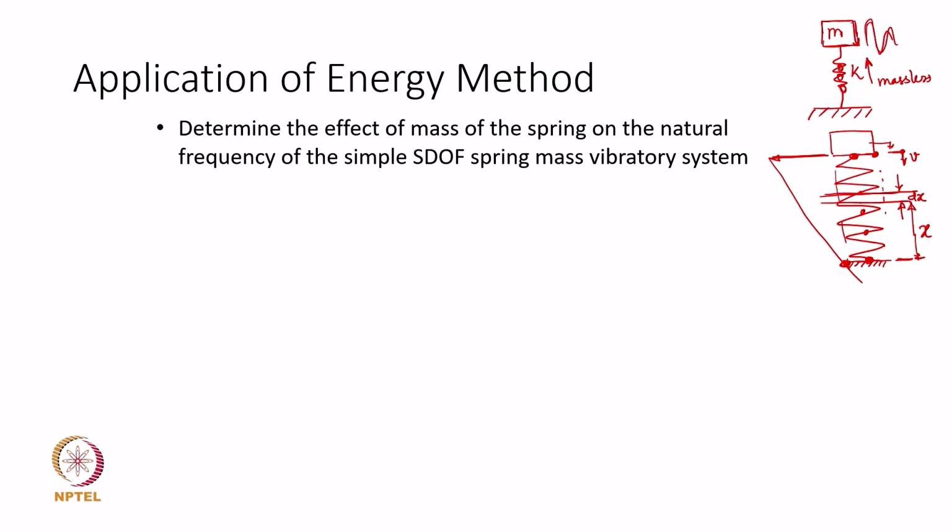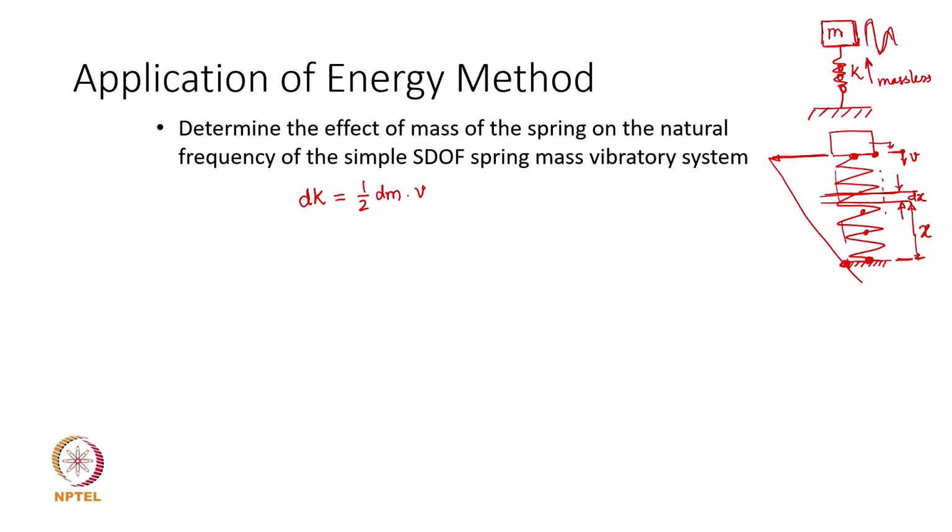What will be the small elemental kinetic energy of this element dx? It will be equal to half the mass of that element dm times the velocity at that particular point.